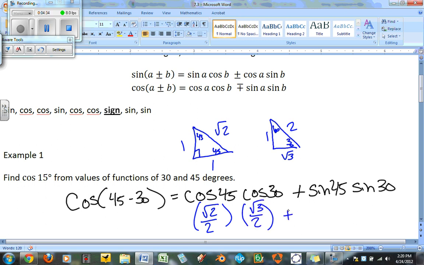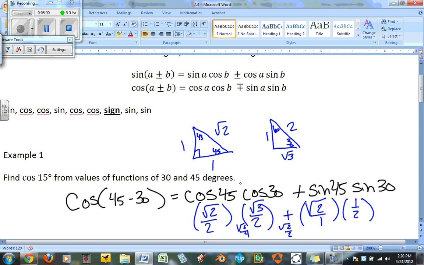Then we're going to add the sine of 45. Sine is opposite over hypotenuse, so the square root of 2 over 2, times the sine of 30, which is 1 over 2. To find our trig ratio, we multiply. This would be the square root of 6 over 4 here, and if we multiply here, it'd be the square root of 2 over 4.